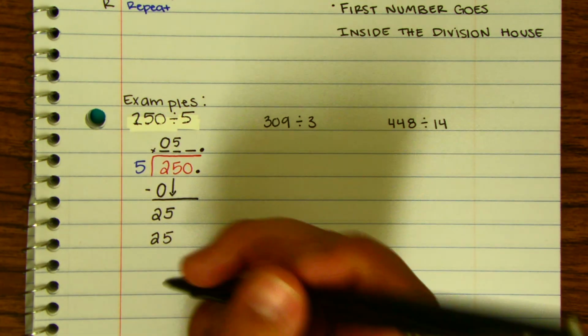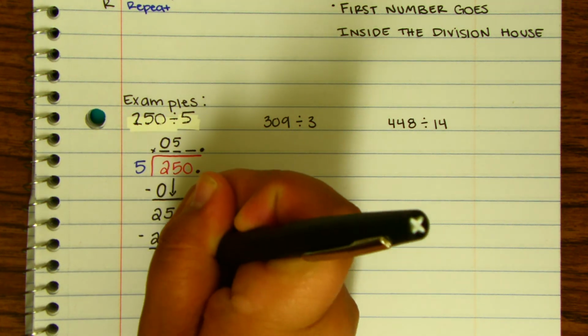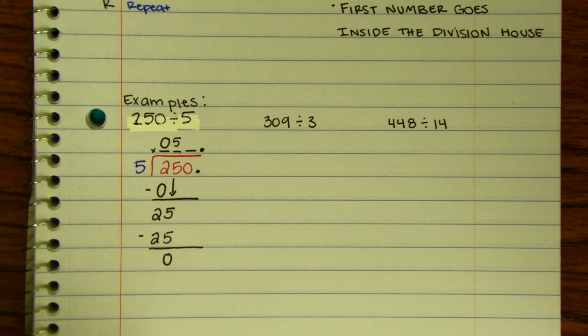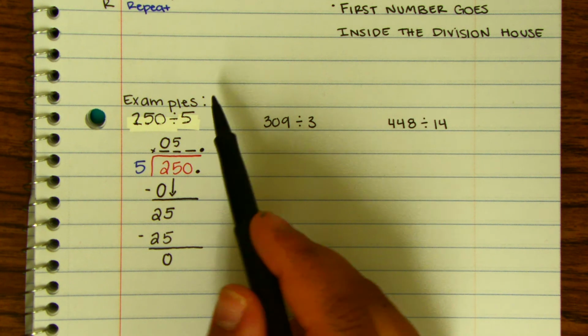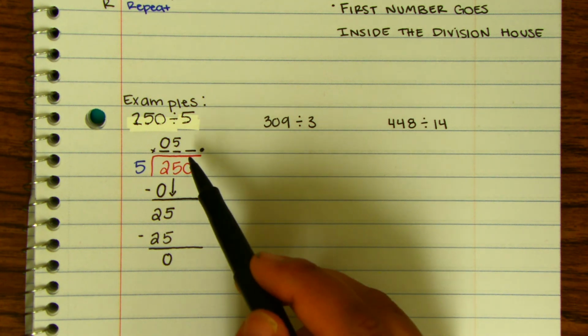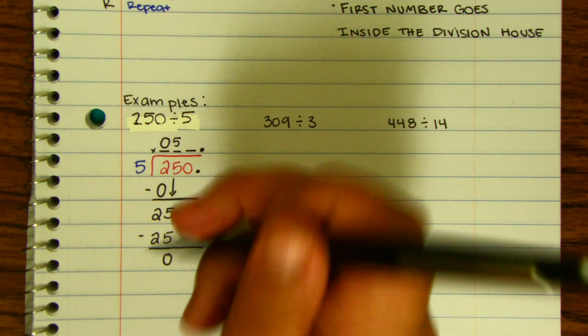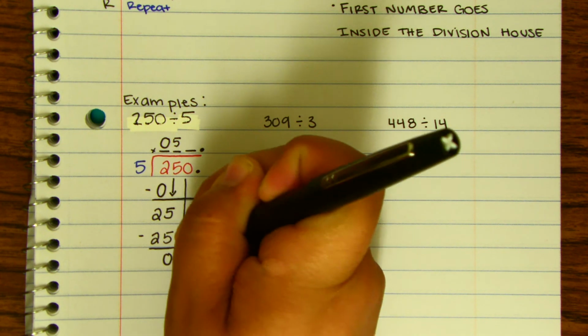My next step is to subtract. I get 25 minus 25, which is 0. And I'm done. But there's still one place value left above on my answer. And there's still one number in the division house. So even though it's a 0, I still have to bring it down and divide it.